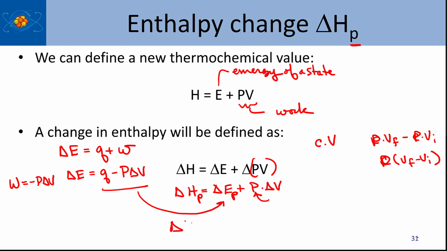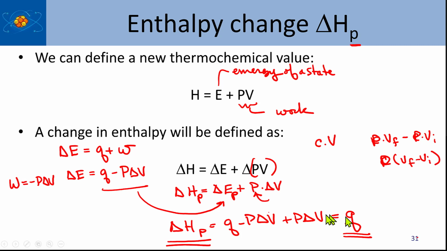You have delta H at constant pressure is Q minus P delta V plus P delta V, and that's just equal to Q. Okay, so enthalpy is the energy available to a reaction when it also is by itself doing work. It's the available amount of energy to do work itself. Okay, like for example, drive a piston, things like that.